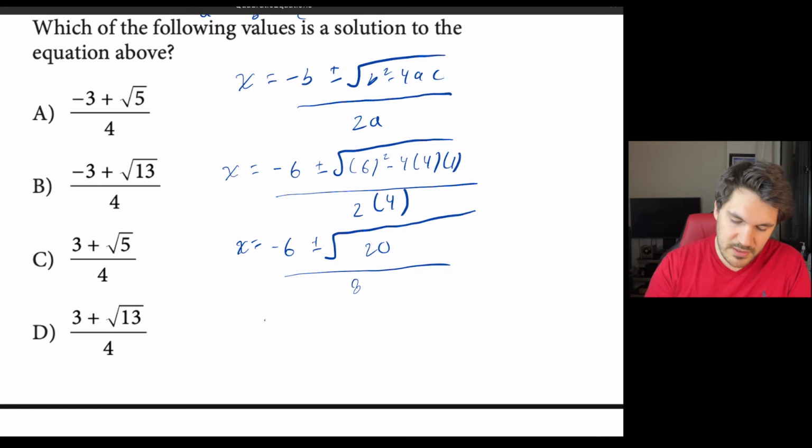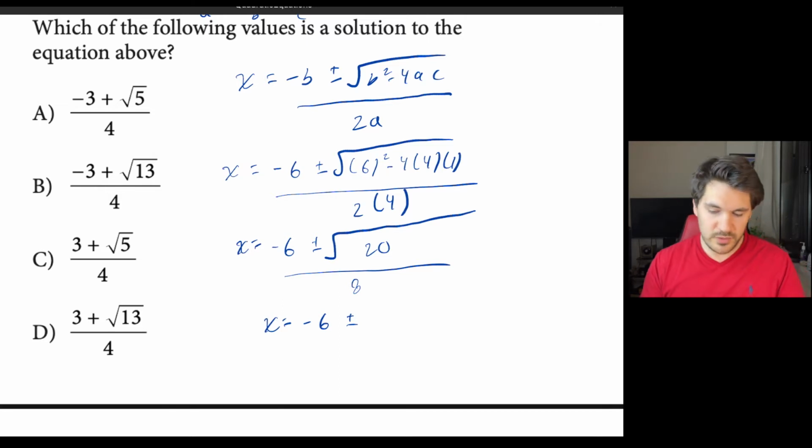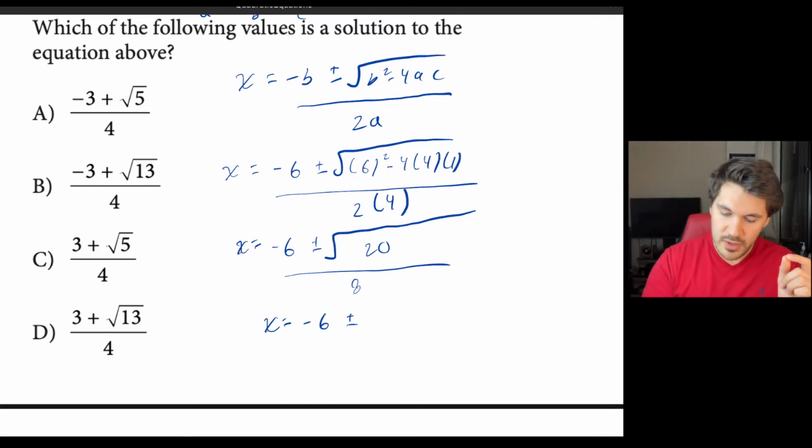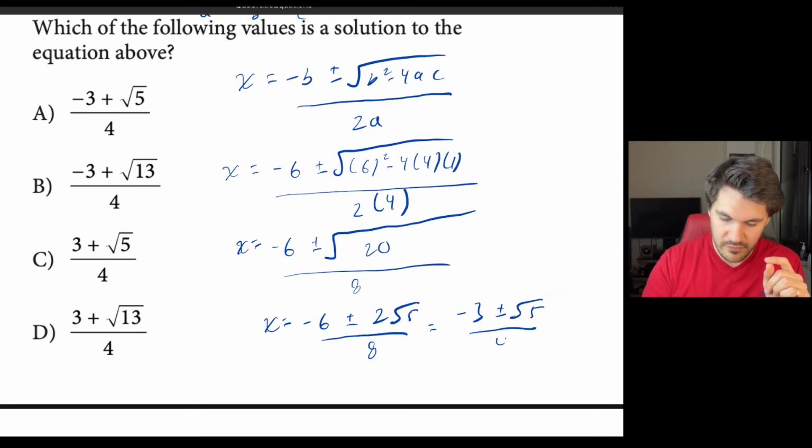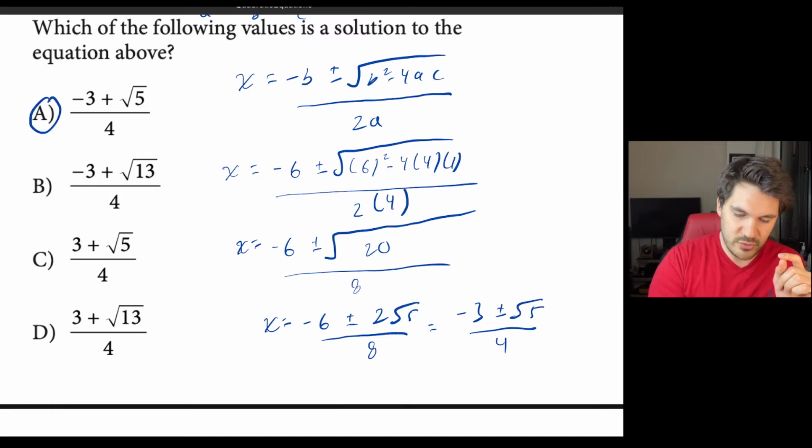So that's going to be x equals negative 6 plus or minus, let's see, the square root of 20 is the square root of 4 times 5. So take the square root of 4, so 2 root 5 all over 8, which then further simplifies into negative 3 plus or minus root 5 all over 4, which is answer choice A.